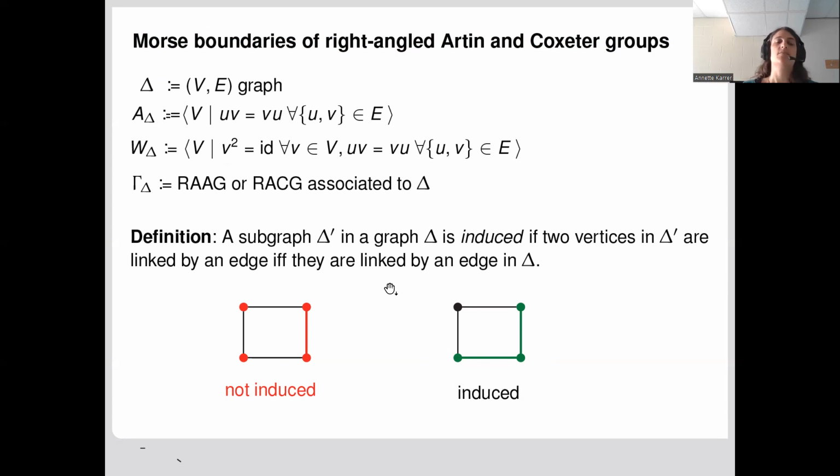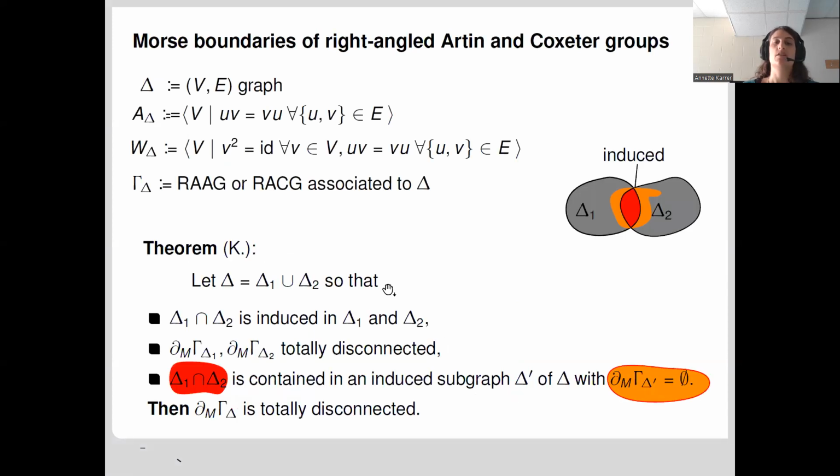Now we are ready to read the following theorem. And the goal of this talk will be to get a feeling for the consequences of the theorem for right-angled Artin and Coxeter groups. So if we have a graph and we can write this graph nicely, namely as a union of two graphs, so that the intersection graph is induced in delta 1 and delta 2. That means that we can think of delta as the result of gluing two graphs nicely together.